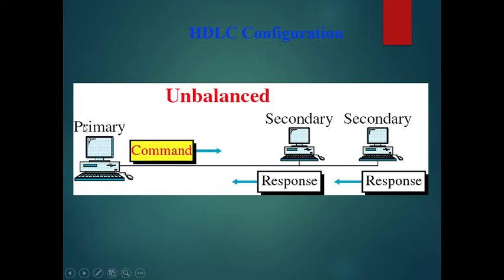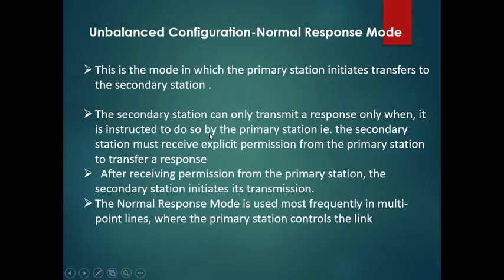The primary station is going to issue a command, and the secondary stations are going to respond to this command. So it is an unbalanced link configuration. Why? Because one is giving the command, the other has to respond to it. The primary has to start the communication. So this is an unbalanced configuration, called the normal response mode.